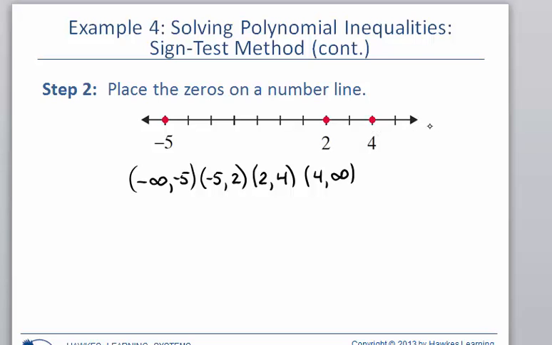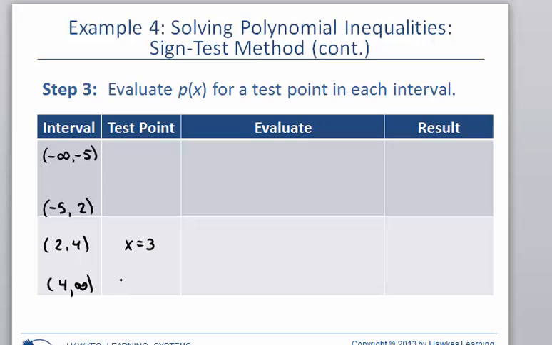So something bigger than 4, we might say 5. We want something between negative 5 and 2. We might say 0. And we want something smaller than negative 5, we might say negative 6.